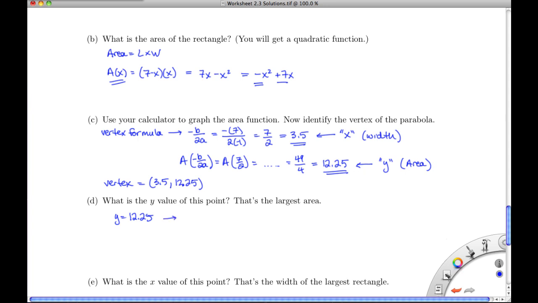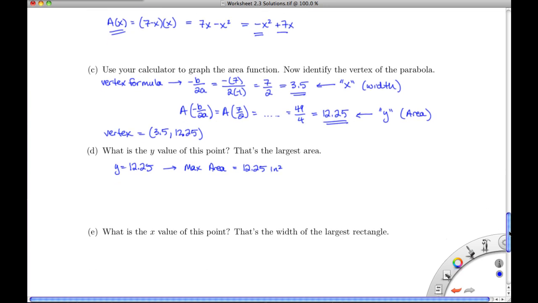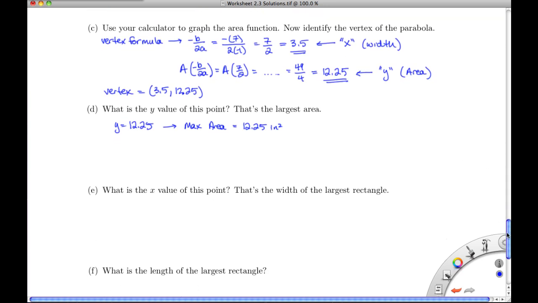This tells us that the max area is equal to 12.25 square inches. In part E, we're asked, what is the x value of this point? Well, the x value is 3.5, and this is the width at which the max area will occur. Specifically, this will be 3.5 inches.